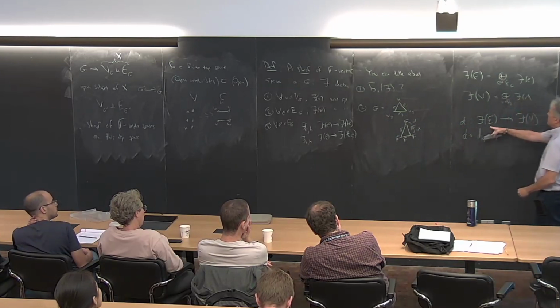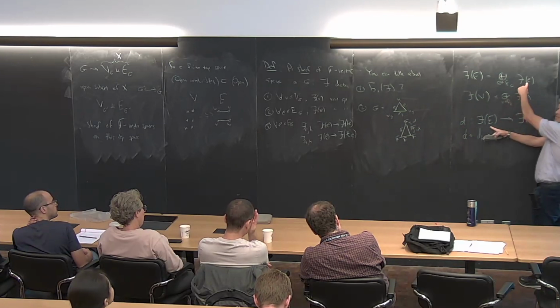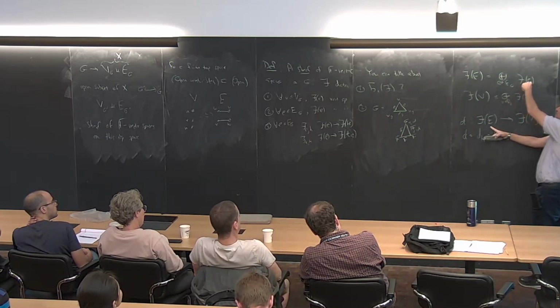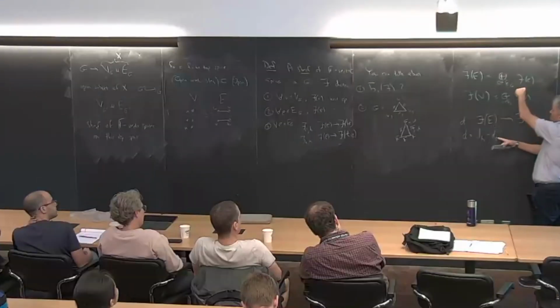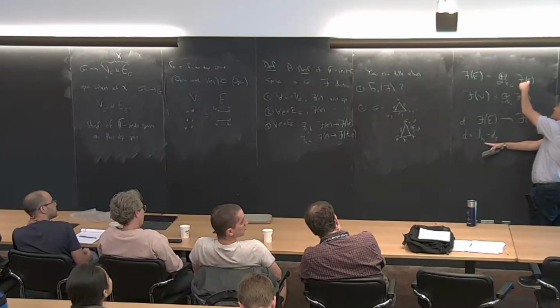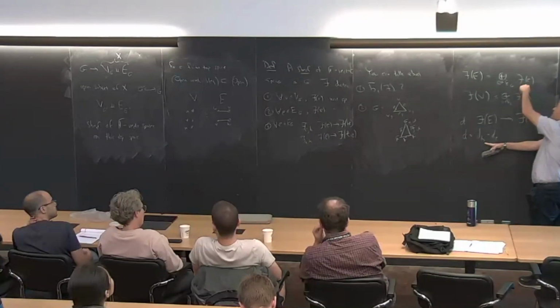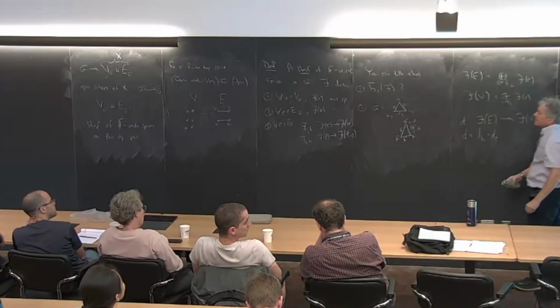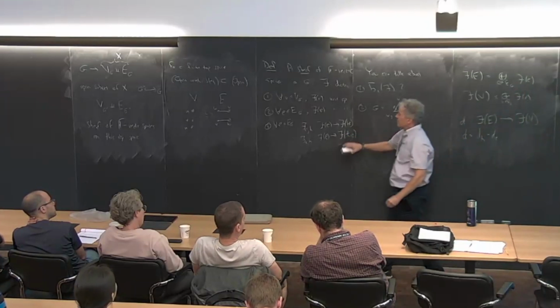The heads map, for each edge and its head somewhere in here, you take that restriction map, and the tails map does the same for the tail. So these are usually called restriction maps.